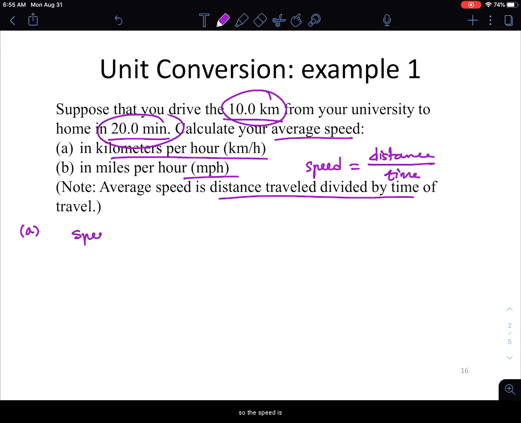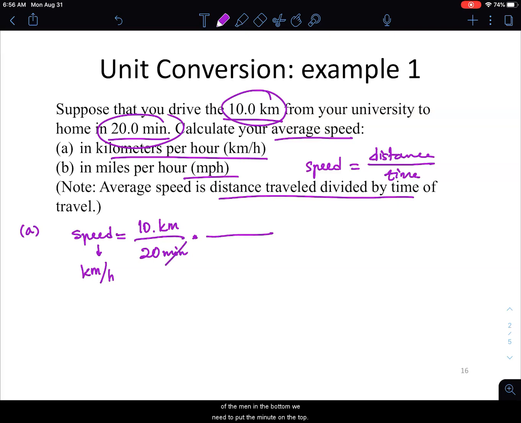So speed is 10 kilometers per 20 minutes. However, this is not what we want. We want the speed in kilometers per hour. So we need the conversion factors to cancel the minute.